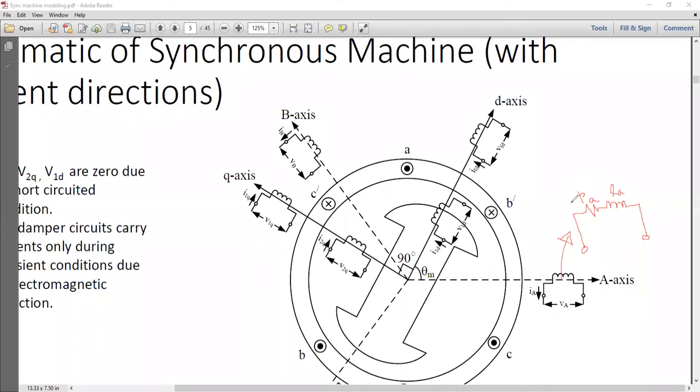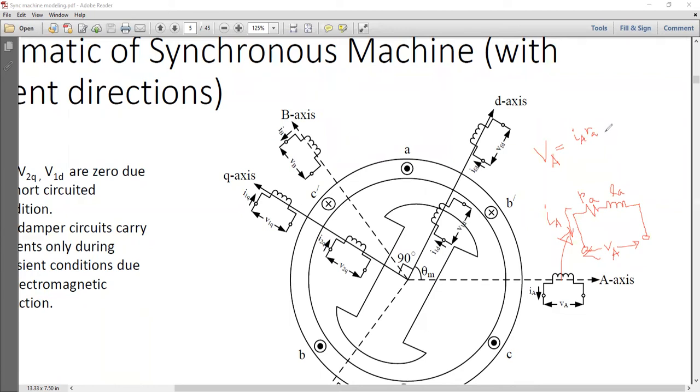Because it is a stator coil, and because it is a generator, we expect some current to be coming out of it, that is IA. And the induced voltage that you will get out of this coil is VA. Now, what should be the KVL here? VA equals IA into RA plus LA.